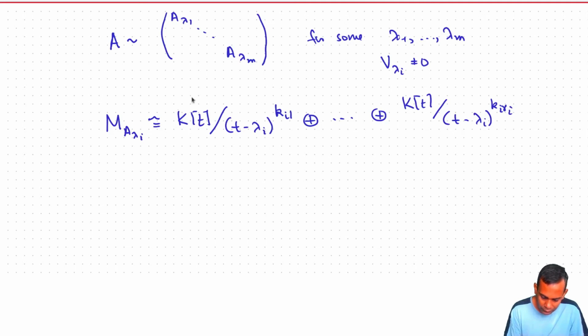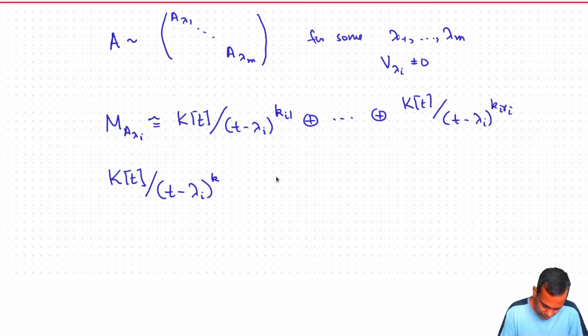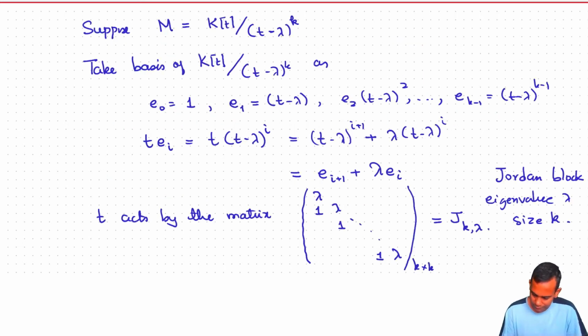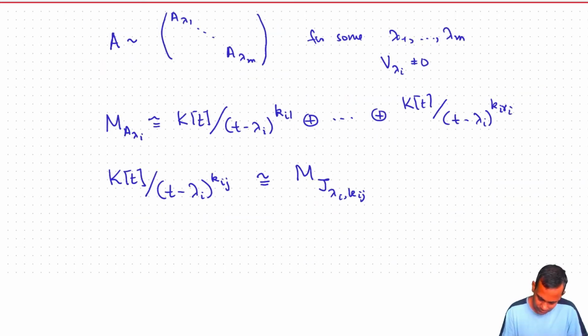And then on this block itself, let's just take some generic k_ij. This is isomorphic to the Jordan block J_k_ij(lambda_i), with eigenvalue lambda_i and size k_ij.